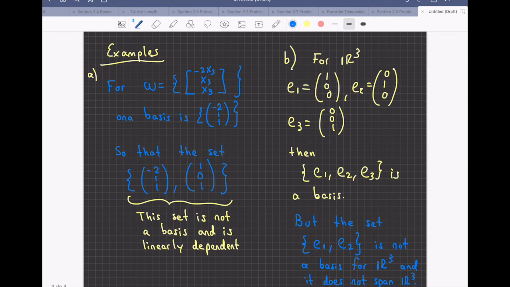Remember the dimension for R3 is equal to 3. So when you have a basis and you remove only one element from the basis, for sure that set is not a basis for the given subspace, or in this case R3, and it doesn't span the subspace.